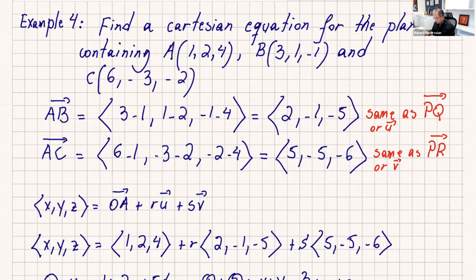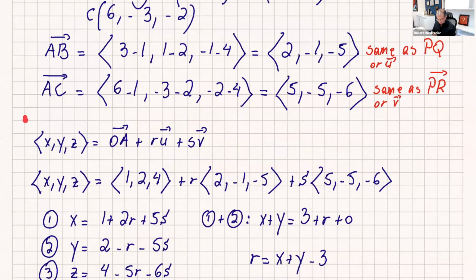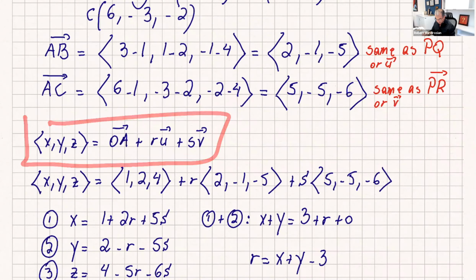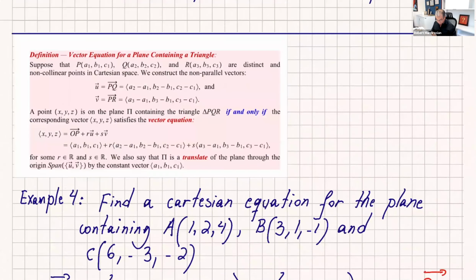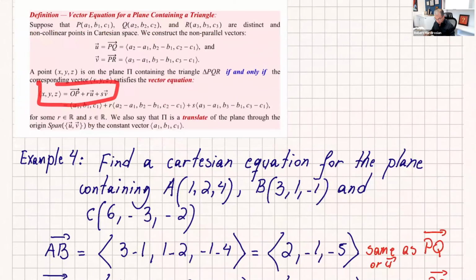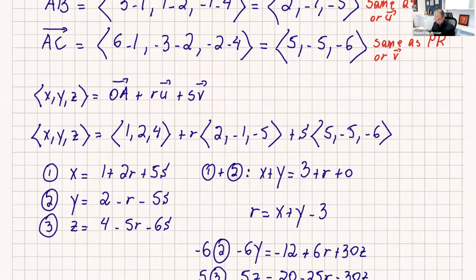In the definition, this is the same as PQ or U, and that's the same as PR or V. Then you write the vector equation right here. So OA, we know it's going to be 1, 2, 4, and we have the components of U and V. So we found them here.